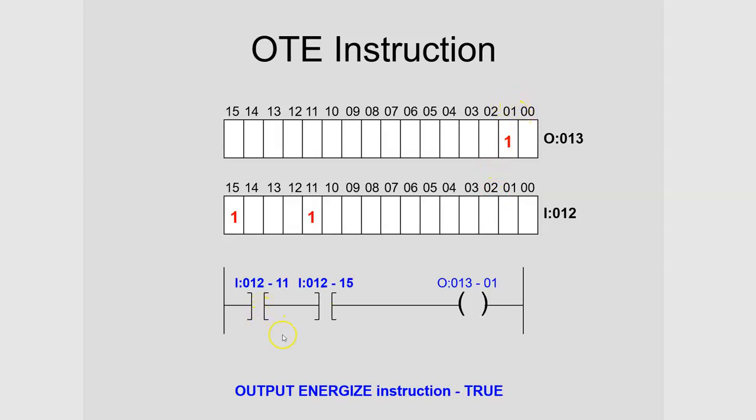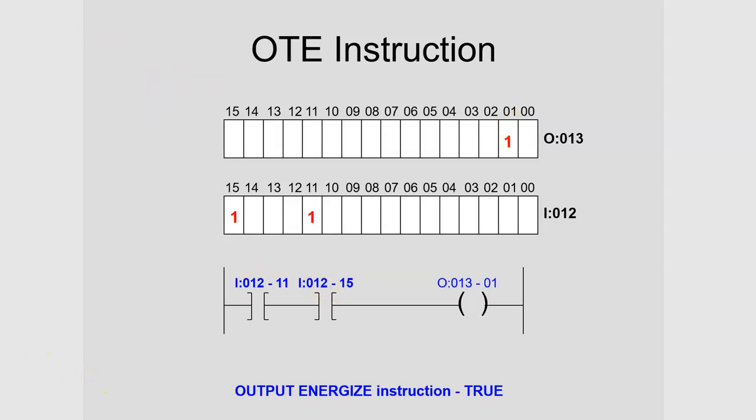Since this is true, that makes this true. And since this is true, the PLC will put a 1 in the bit position mapped to that particular output instruction. And now what happens is, whatever screw terminal on the output card that this thing is mapped to, it'll turn that device on.